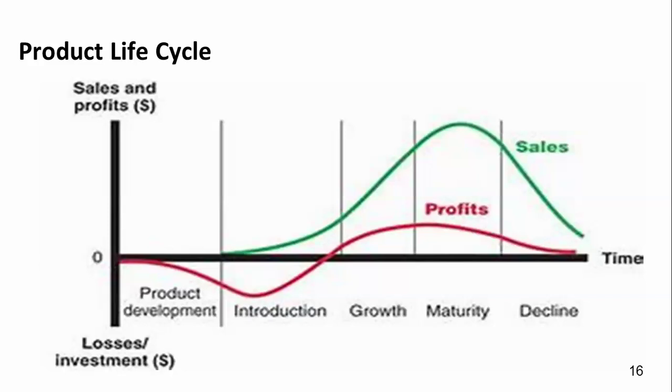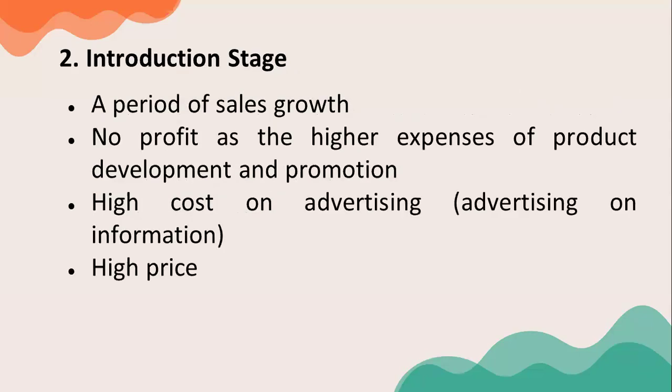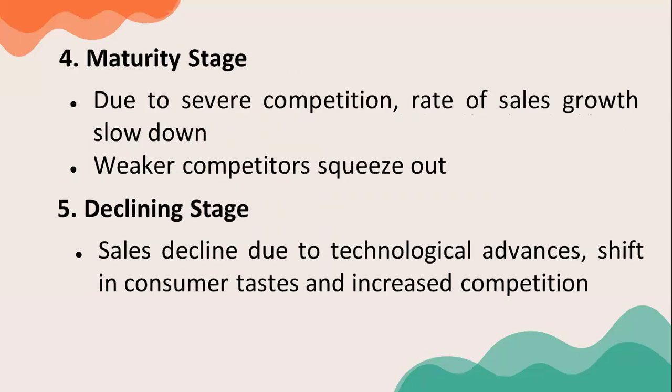They start to decrease. Right? So this stage we call the maturity stage. Why do the sales start to decrease? Because of the competition. Once it comes into the maturity stage, you have severe competition from the competitors. Therefore, your sales growth is slowing down.